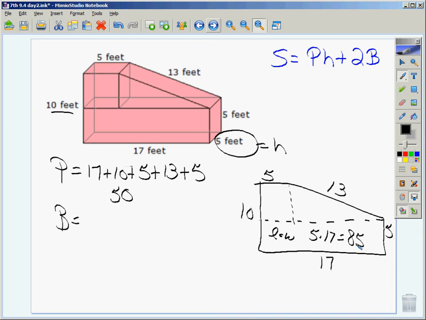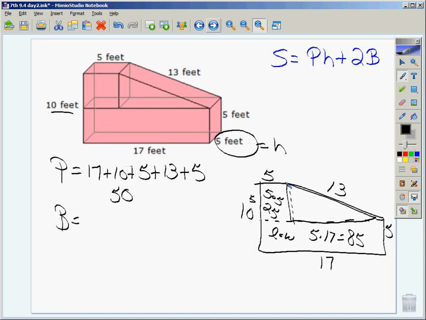I would find this area. Be careful when I go to find this one. If this is 5 here and the whole thing was 10, this is 5, 5, 5. So this has an area of 25. How would I find the area of this triangle now that's left?